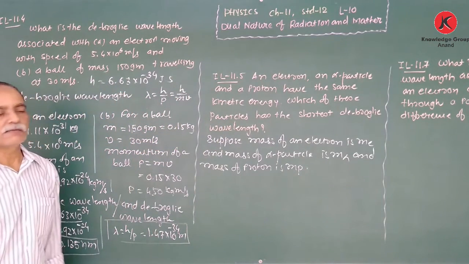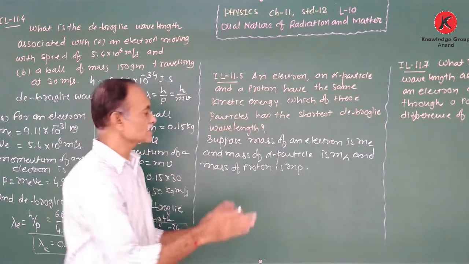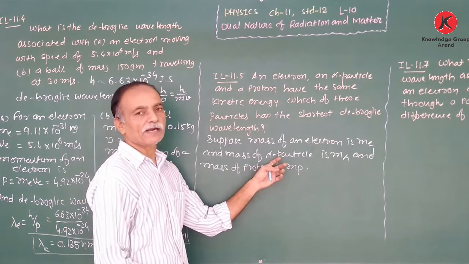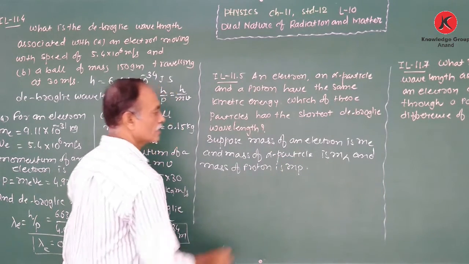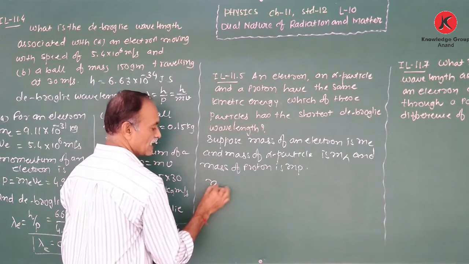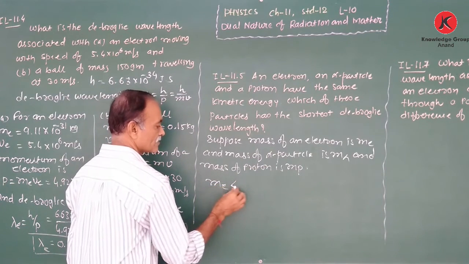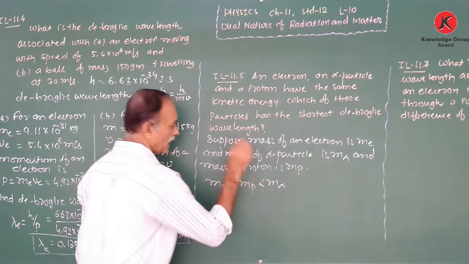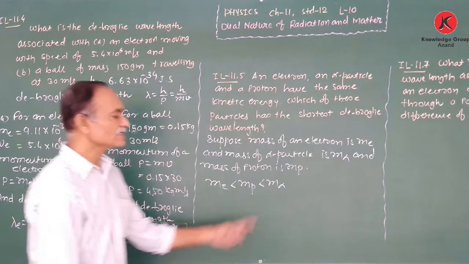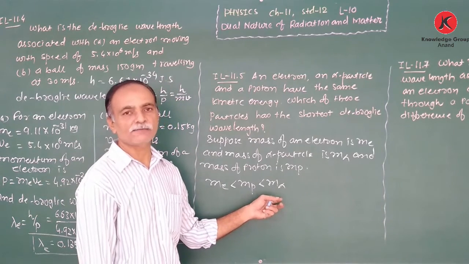Now we know that the mass of the electron is much smaller than the mass of the proton. Sorry, the mass of the electron is less than the mass of the proton, which is less than the mass of the alpha particle, because the alpha particle is 2He4.